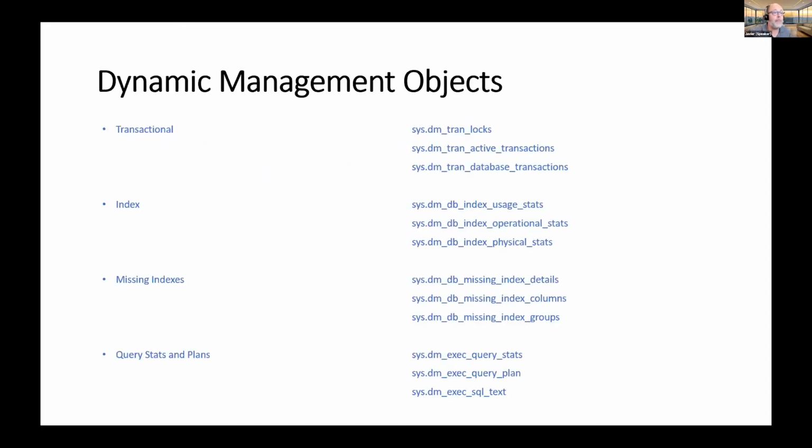And then we have dynamic management objects, right? Views and functions. These are read-only objects that live within our SQL instance, right? And basically, this is how SQL Server interacts with us to tell us what the status of different components within the databases is. For example, here I have some categories like transactional, index, missing indexes, query stats and plans, and the names of these views or functions, right?